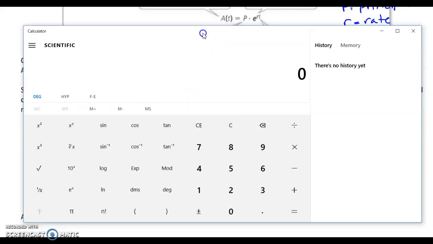All right, so if I want to calculate that, again, mine I have to kind of do backwards. I have to do the decimal or the exponent first. And do make sure you multiply those two numbers before you take e to that power. So 0.05 times 4, then I'm going to take e to that power.